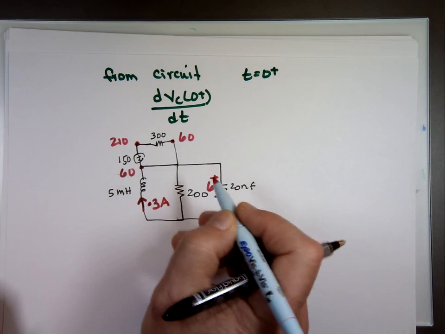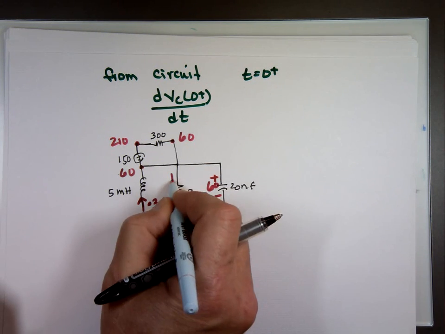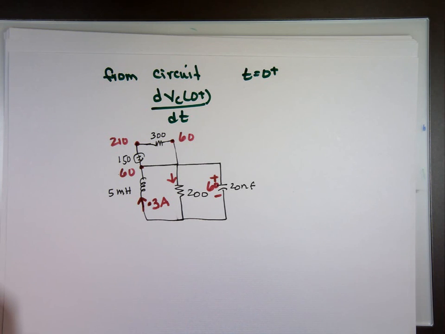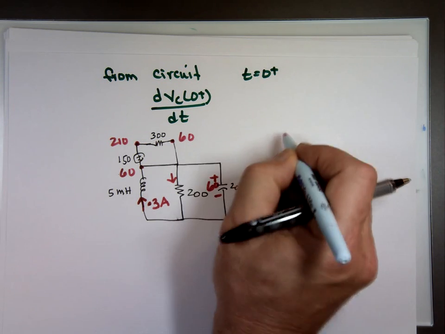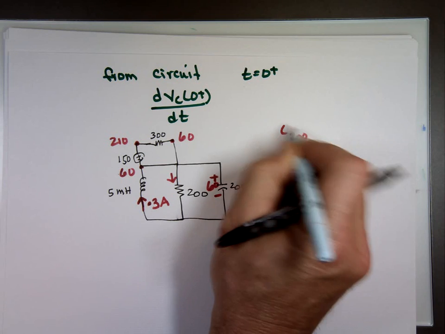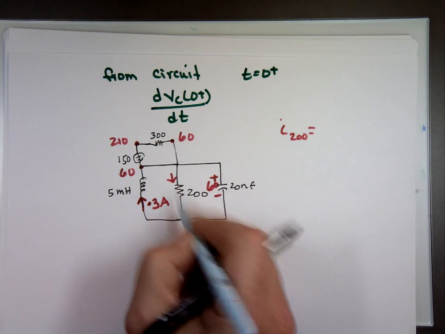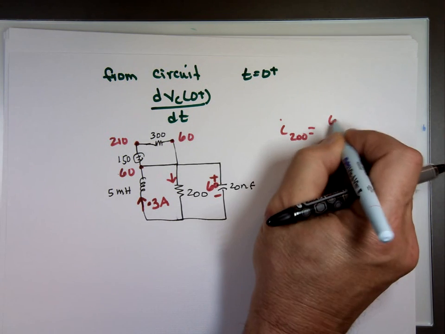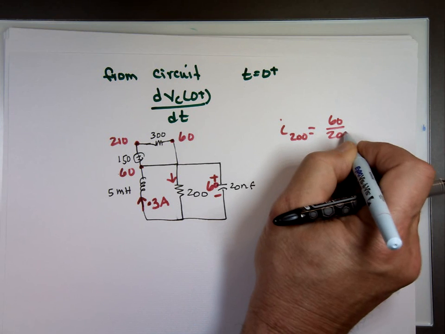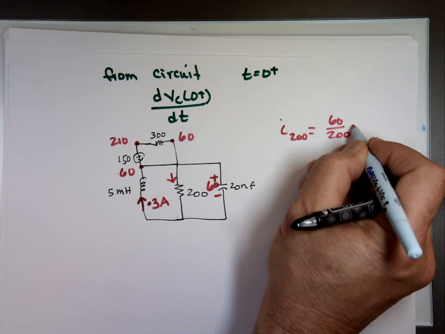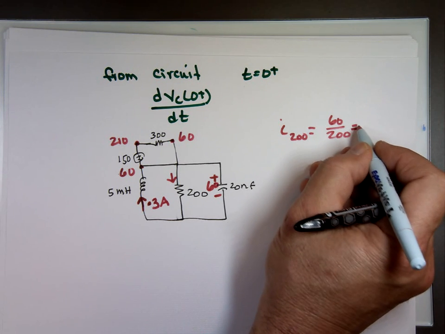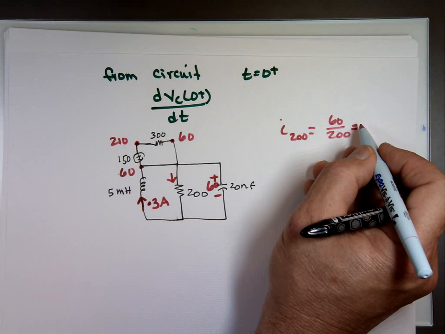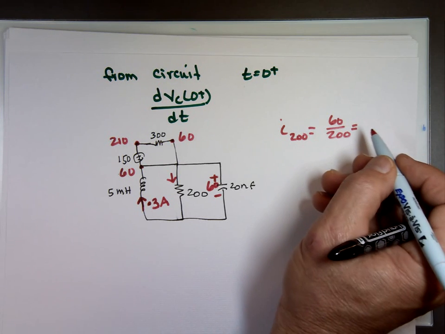We also know what this current is at that time. How do we know? What is I of the 200 ohms? The voltage across it at that time was 60, divided by 200. What is 60 over 200?